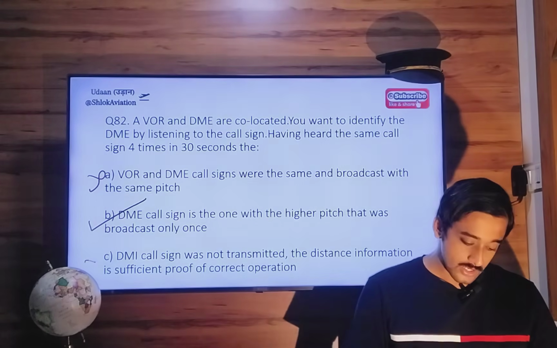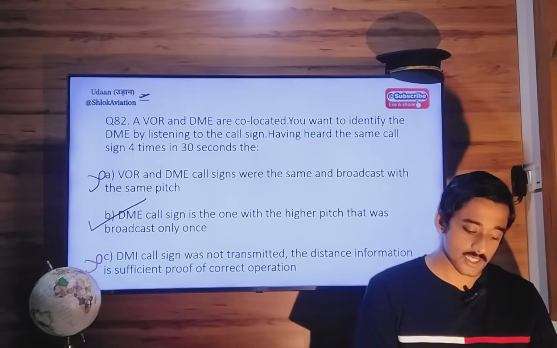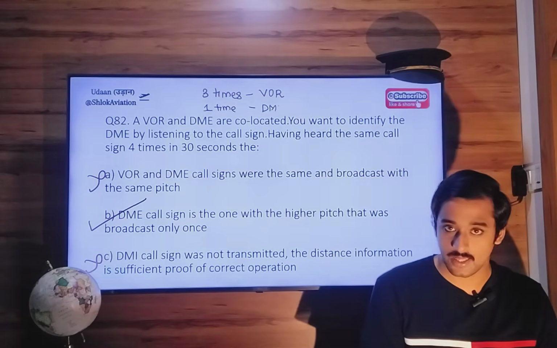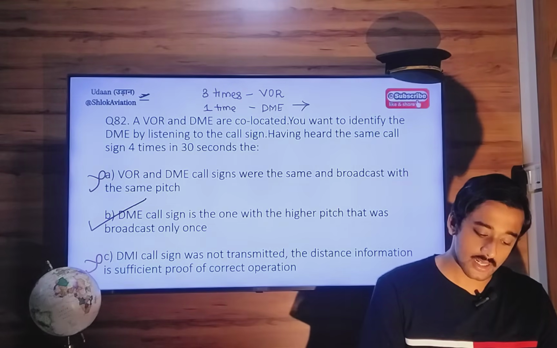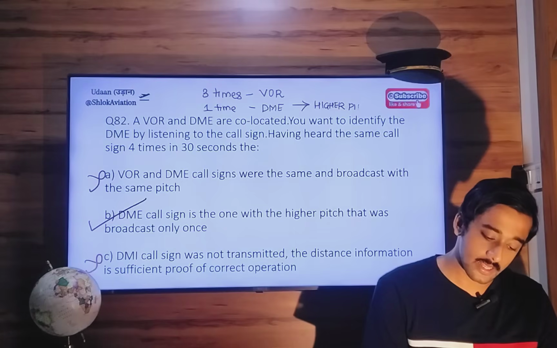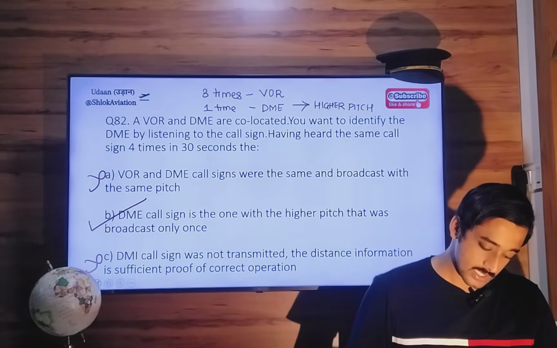So 4 times. So the first three times you will get to hear VOR ident, and the fourth time you will get to hear DME identification. And the DME identification is one with higher pitch. Okay, so that's how you differentiate between them. Next.